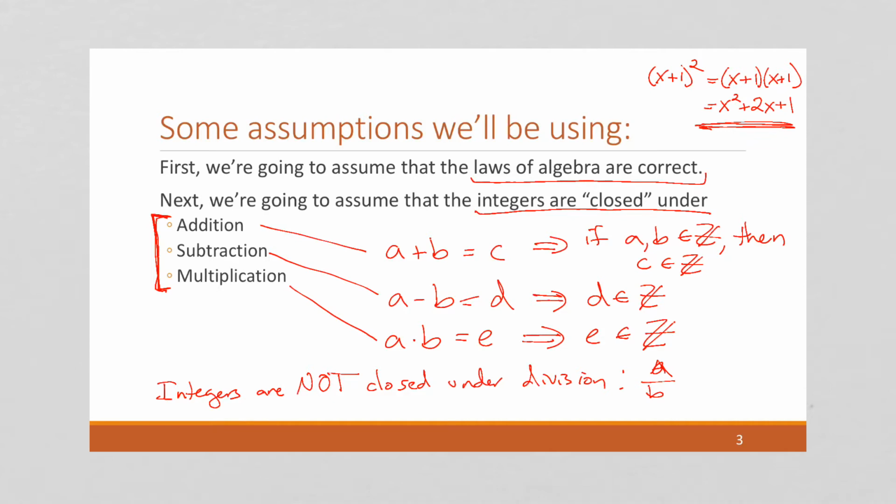What if, for example, 1 and 2 are both integers, but 1/2 is not an integer? So integers are not closed under division. Real numbers are, however. If you divide any two real numbers, 1.0 divided by 2.0 will still be 0.5, which is a real number, not an integer.